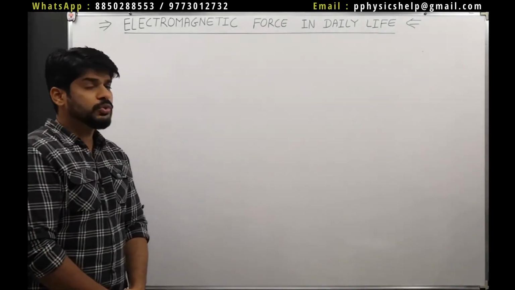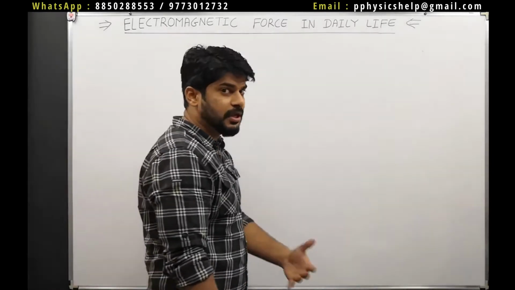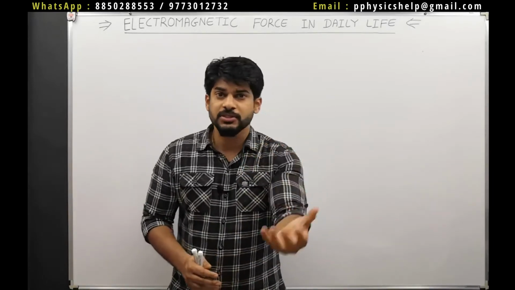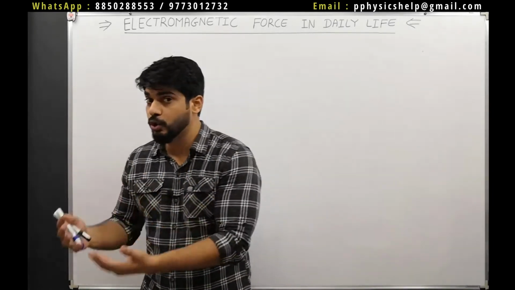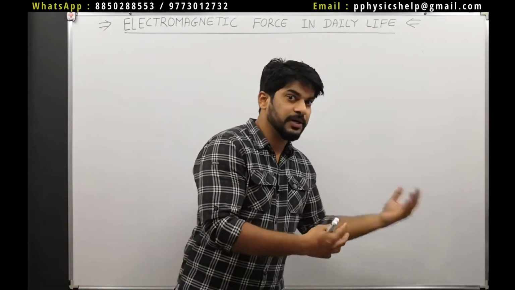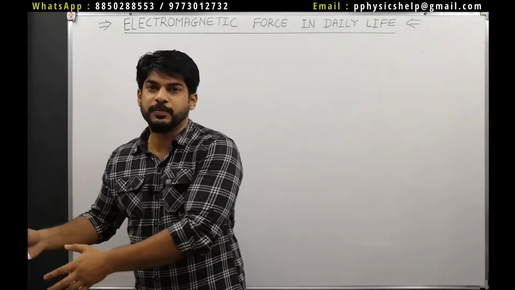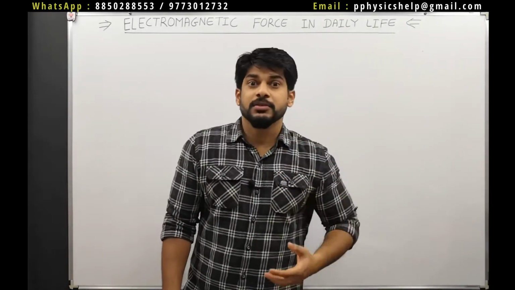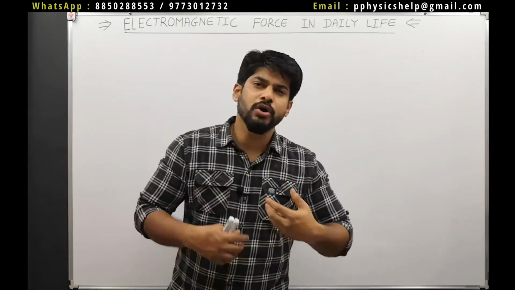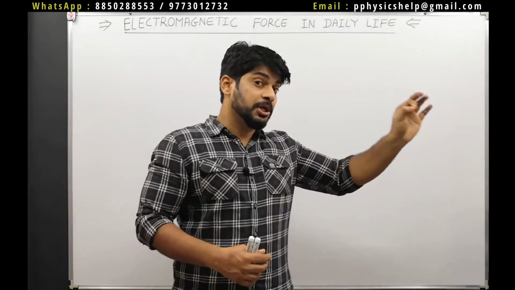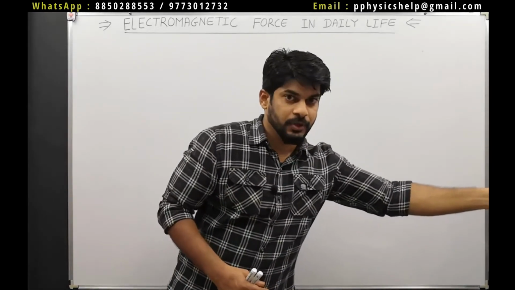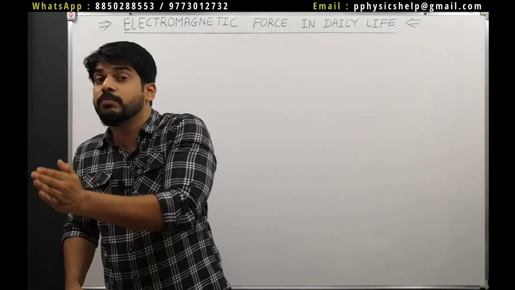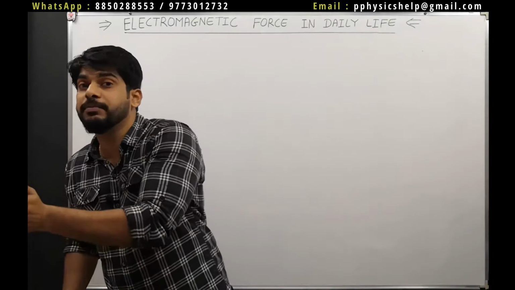As we saw in the last lecture, electromagnetic forces act between charged particles like electrons and protons. Protons are positively charged particles, electrons are negatively charged particles, as we all know. We saw that if the charges are stationary or moving, electric forces act between them, but if the charges are moving, magnetic forces also act between them.